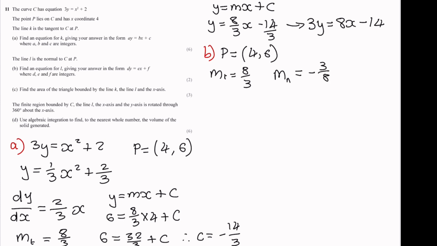So we now have the gradient of this normal, and we have a point on this normal. So similar to part A, we know the normal is going to be in the form y equals mx plus c, because it's a straight line. So substituting in our x, our y, and our new gradient, we can find the equation of this line.